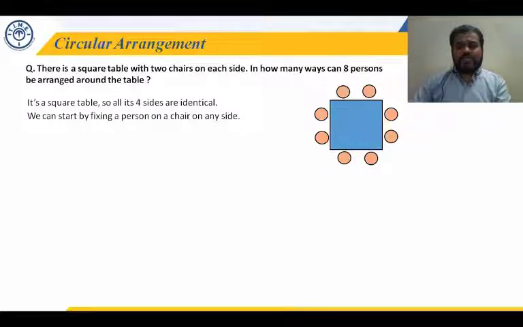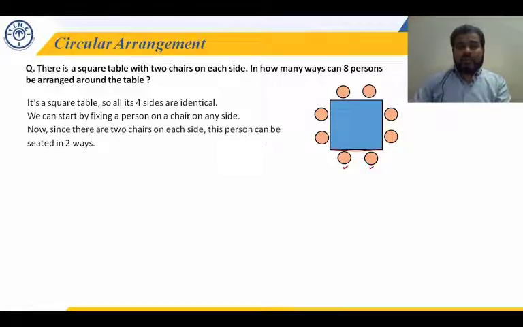But on each side there are 2 chairs. Suppose I select this side, the bottom side. There are 2 chairs, 1, 2. So this is the left chair and this is the right chair. Now since there are 2 chairs on each side, this person can be seated in 2 ways.